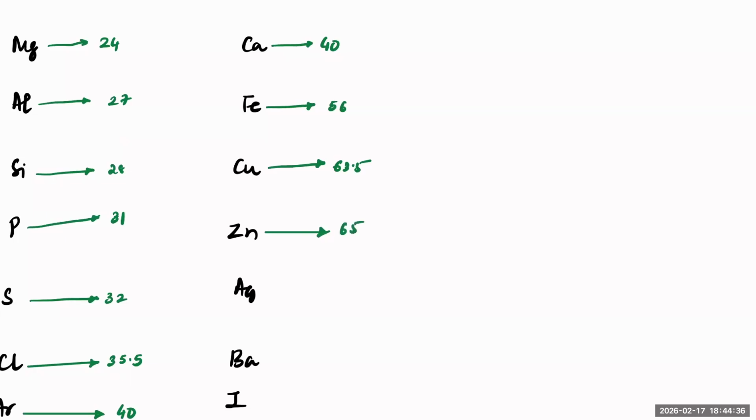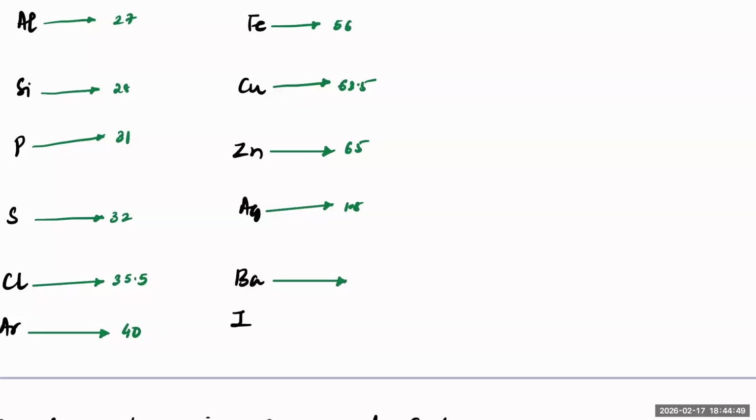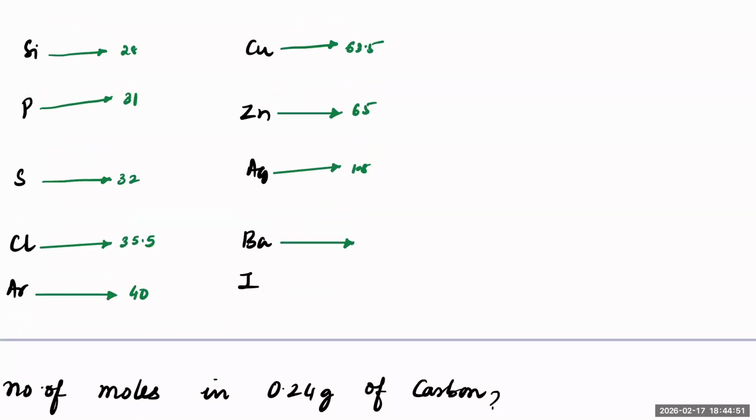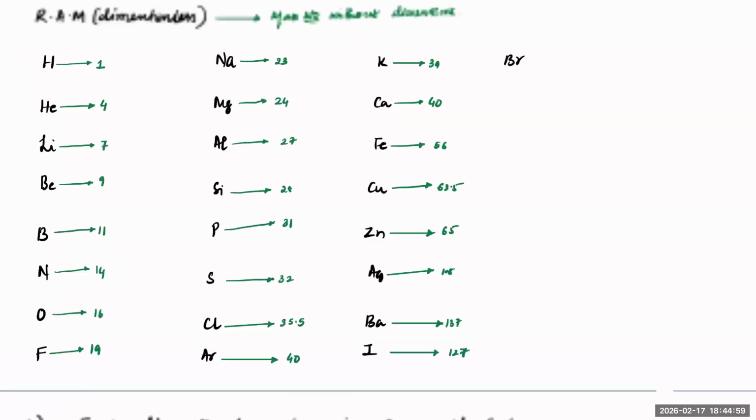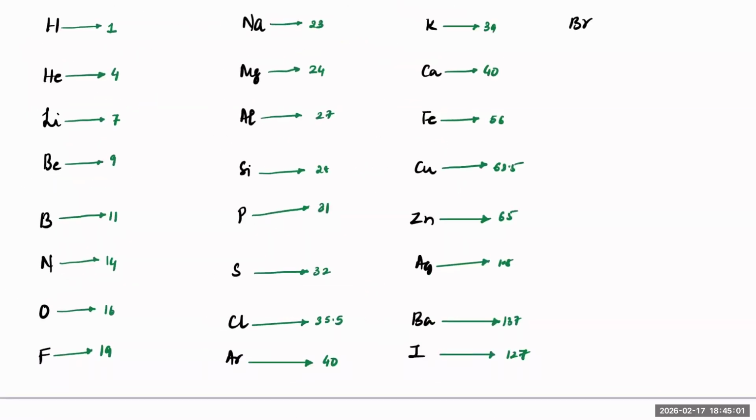Silver is around 108. Barium is 137 and iodine is around 127. So please check this out. Of course, bromine also is there. Bromine is 80.